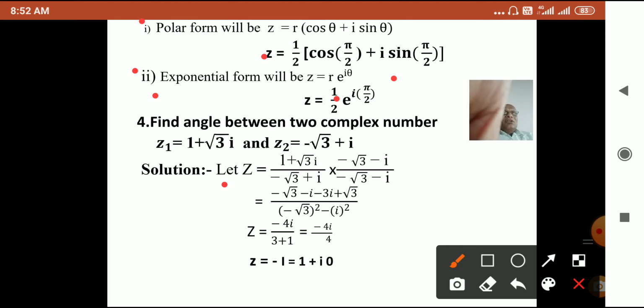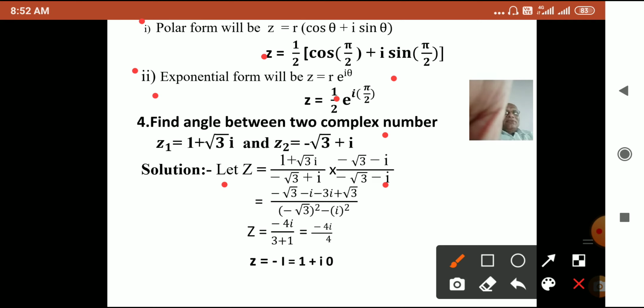In the first lecture or in the third lecture we have seen how we have taken this. Now on the denominator side there is the complex number minus 3 plus i. So take its complex conjugate and divide and multiply by it. Now after simplification, the denominator and numerator can be simplified, and we get minus 3 plus i, minus 3i plus root 3, divided by minus root 3 square minus i square.